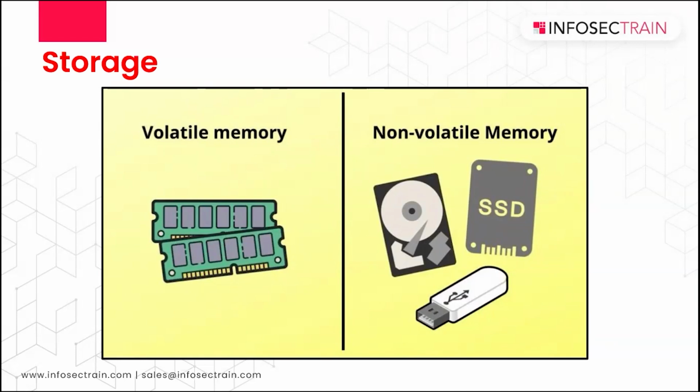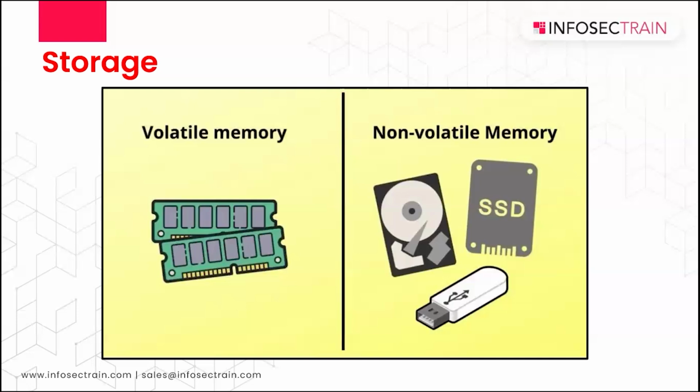On the other hand, you have non-volatile storage, like your SSDs, your hard disk, your pen drive, which is there to store the data for a longer period of time. So your EBS, Elastic Block Store, falls under the category of non-volatile storage. The data present in the EBS does not get tampered with or affected by external factors.